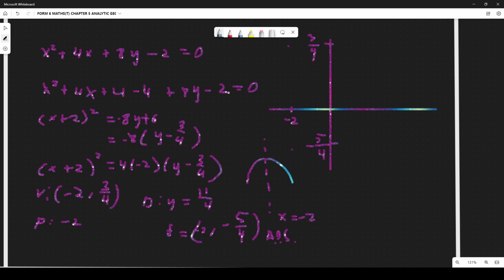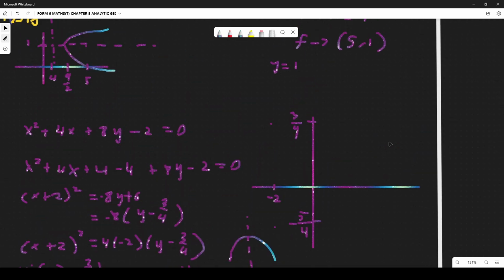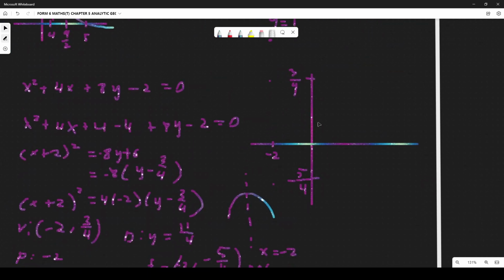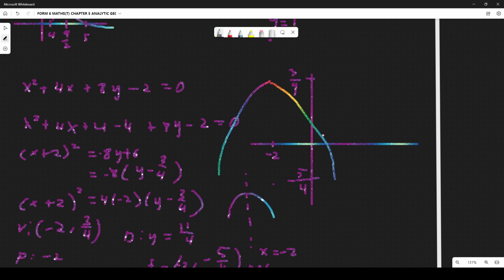The directrix is somewhere up there. You can just sketch a rainbow shape. I'm not sure if this is the correct place for the y-intercept, but I'm just sketching for fun to show what it will most likely indicate.